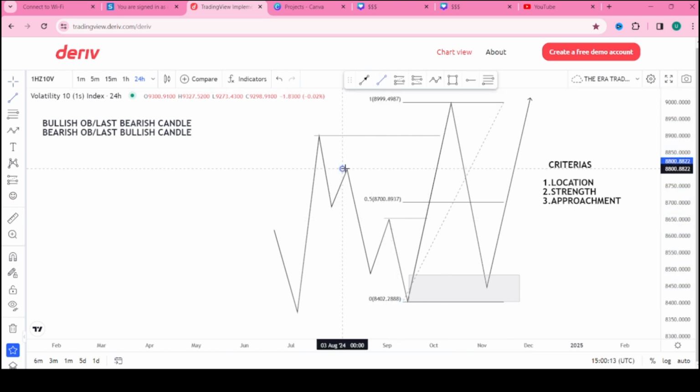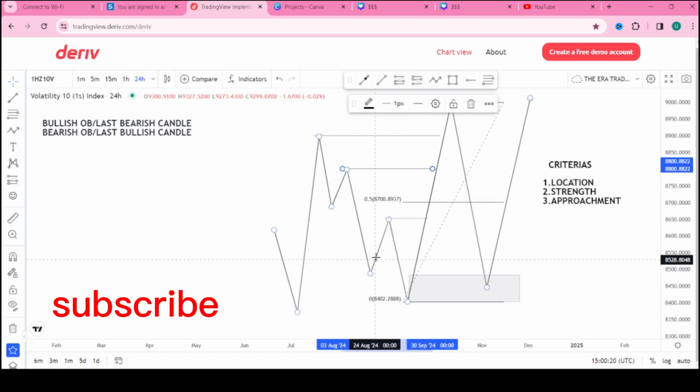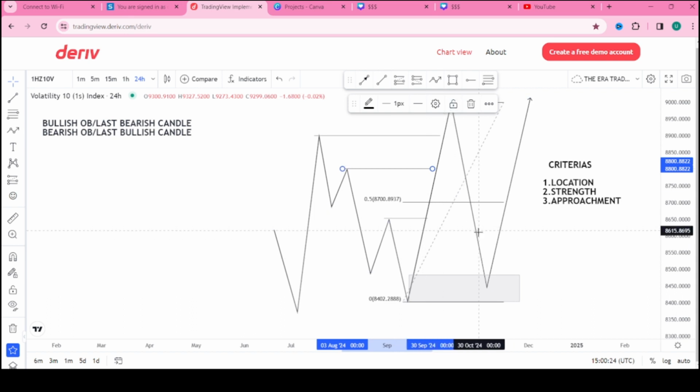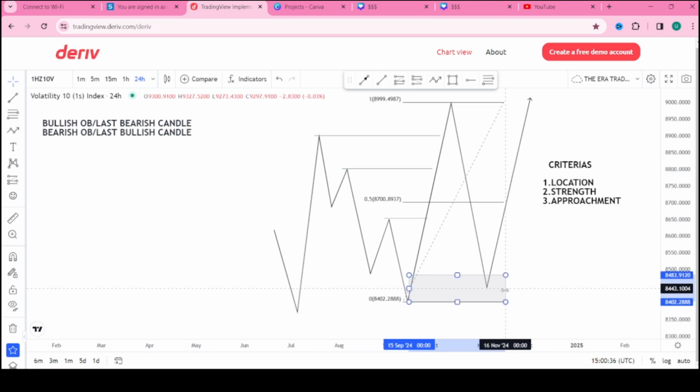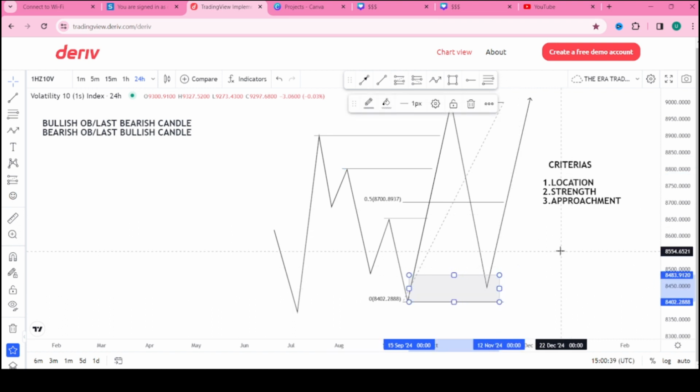You can see that the market broke these three structures, and looking at the highs of those structures, the strength is very high and the momentum is high. The third thing you look for is the approach towards the order block. An order block is an institutional reference point where institutions are waiting to buy or sell.